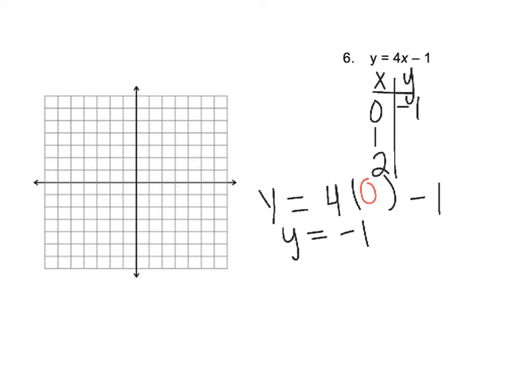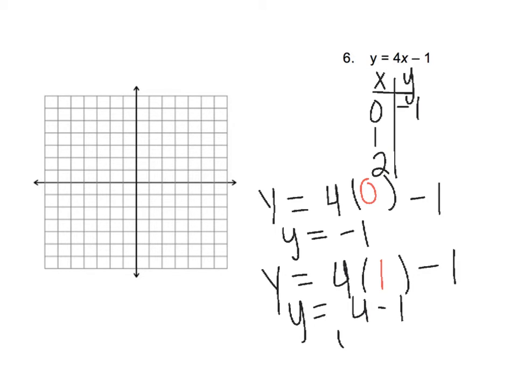And then I'll do the same. So with the 1, y equals 4 times 1 minus 1. I've got 4 minus 1 equals y. Y equals 3.